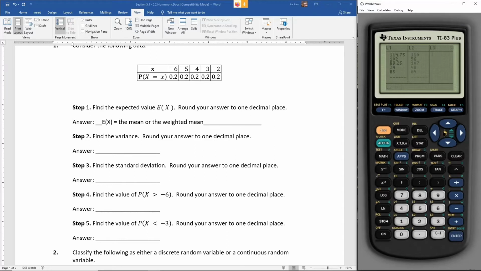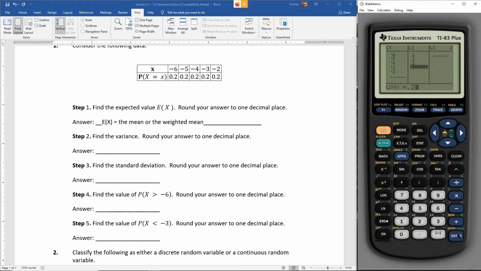You want to use the lists L1 and L2 as your 2 columns. So I'll put -6, Enter, and then -5, -4, -3, -2. Then in the second column, I will put in the probability, which is 0.2, the whole way.